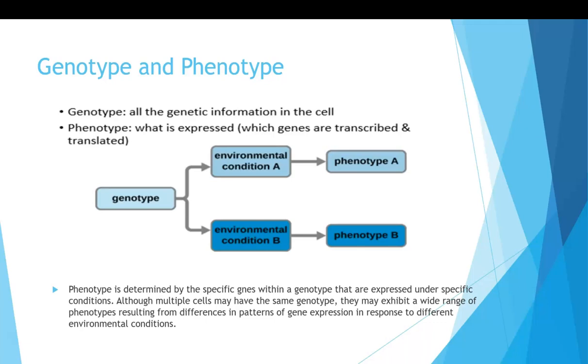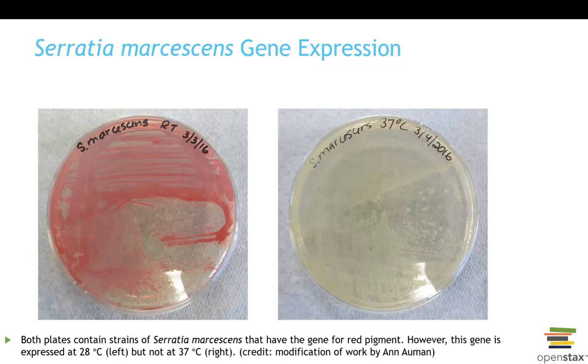So genotype is going to stay the same, but the phenotypic characteristics, or the phenotype, based on the environment and the condition, can be expressed or can be suppressed. For example, this is a very good example that we have in the lab, Serratia marcescens.